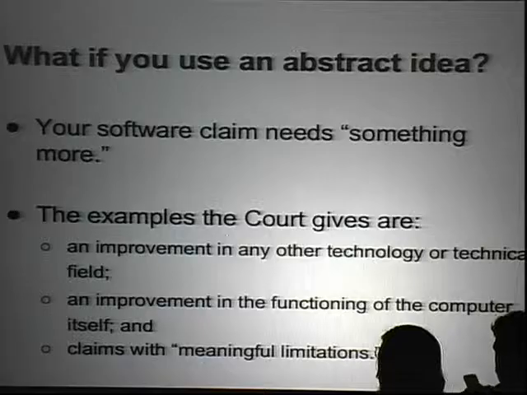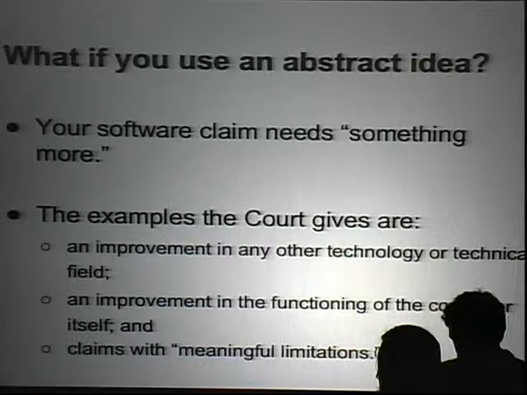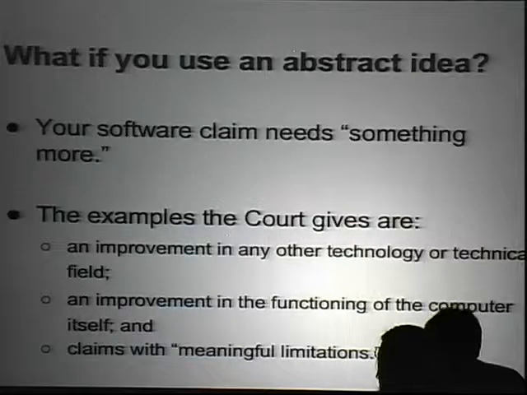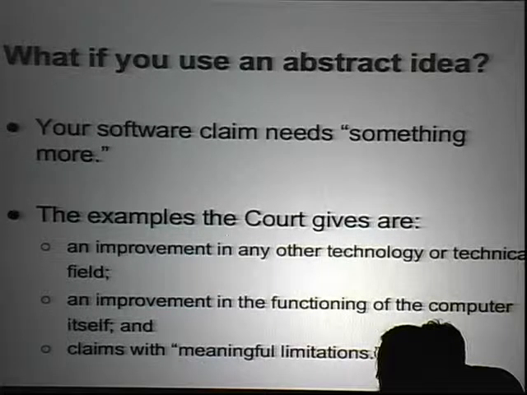So as I said earlier, even if you have an abstract idea, there's a way out. And your claim needs to have that something more. The court gave specific examples again. Without setting some general rule, they gave these examples and hoped you could sort of color in the rest for yourself. An improvement in any other technology or technological field, for example, the rubber curing.